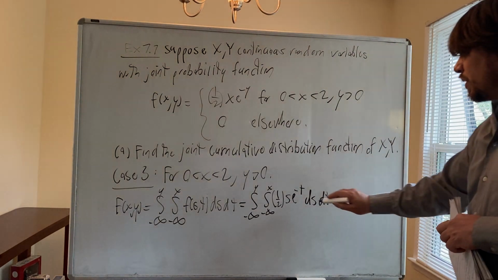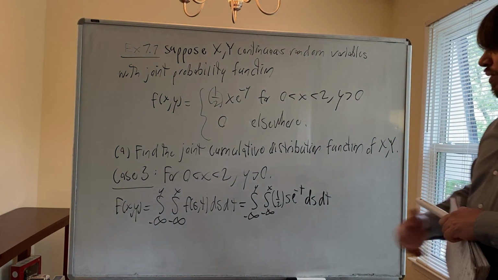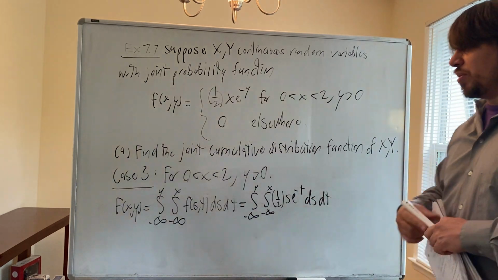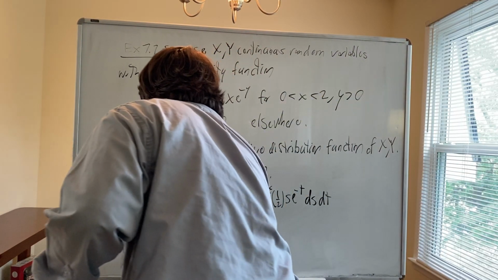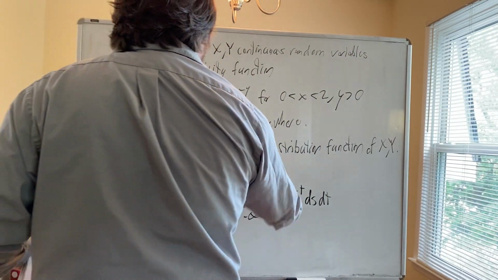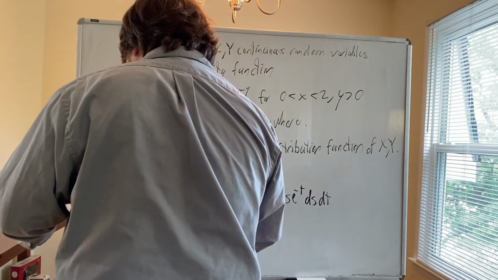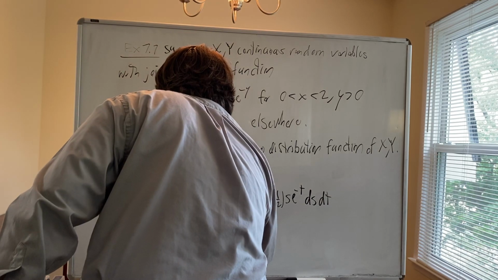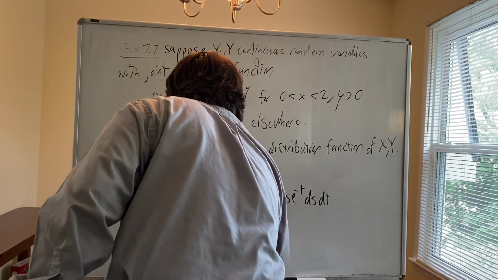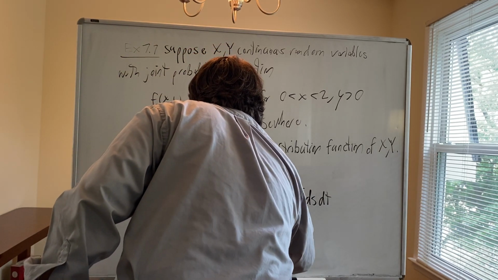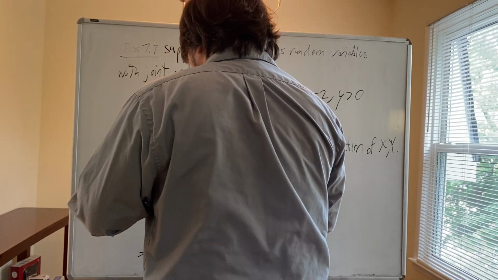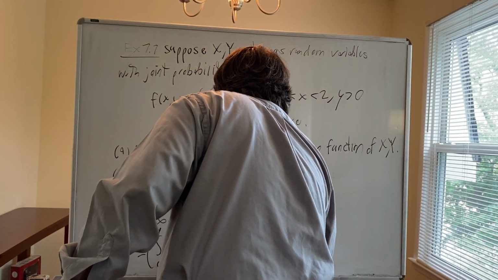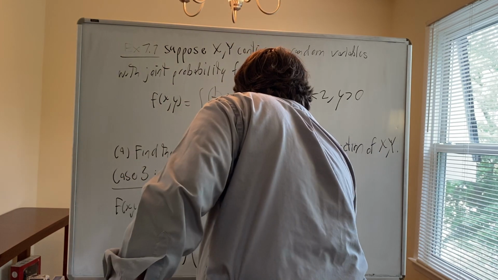You have to know how to integrate, how to use a dummy variable, and how to evaluate a definite integral. Now we're going to separate the two variables. We get the integral from 0 to y of e to the negative t dt times the integral from 0 to x of 1/2 s ds.